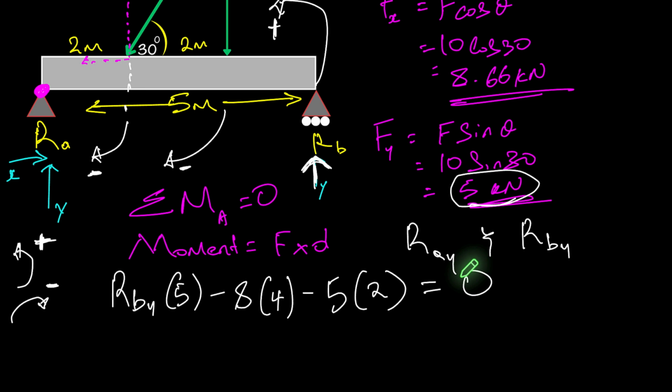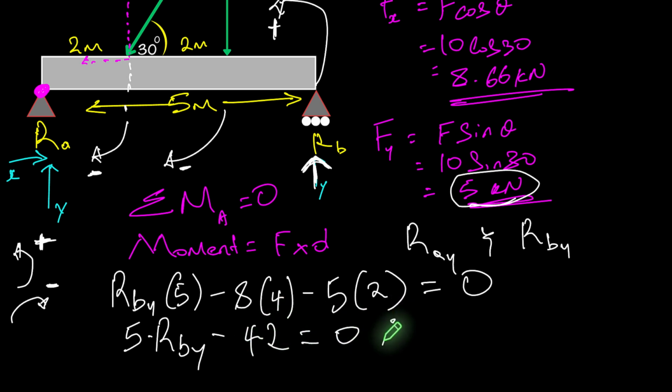So let's solve this equation then. What we have is 5 times RBY, minus 4 times 8, and minus 5 times 2, so that's minus 42, equals 0.